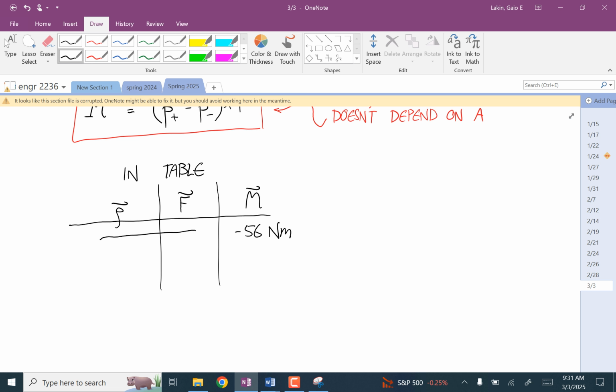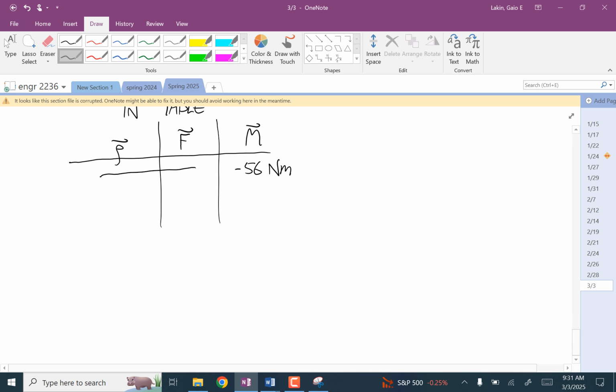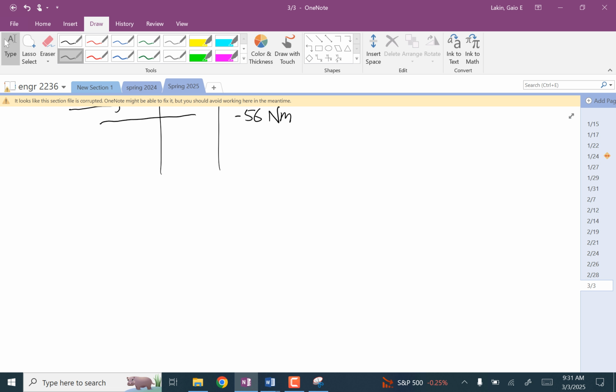Now I want to say one thing. We're getting pretty close to being able to start doing problems. I want to say one thing about why, for now and for almost this whole class, we're just going to be dealing with two-dimensional motion of rigid bodies.